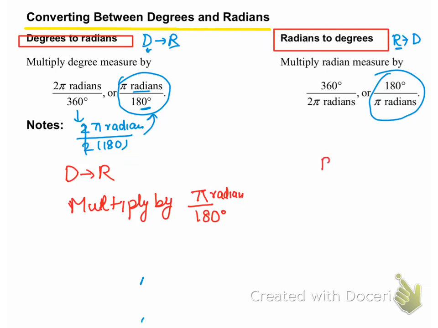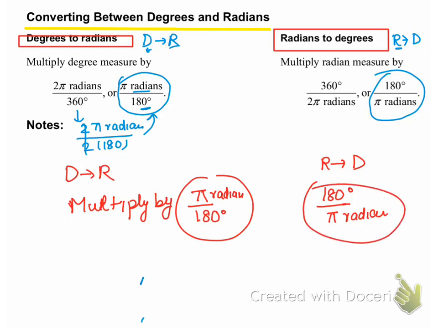If you're doing radian to degree, then radian is supposed to be on the bottom, so pi radians on the bottom and 180 degrees on top. So you see both are the same kind of thing, only flipped. You have to flip when doing radian to degree versus degree to radian, and you multiply it by the given value and you get your desired answer.